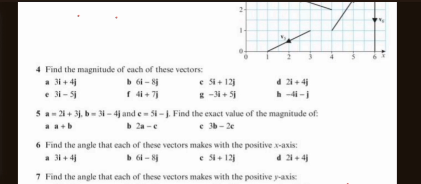Now number 6. Find the angle that each of these vectors makes with the positive x-axis. Okay, let's do number d.